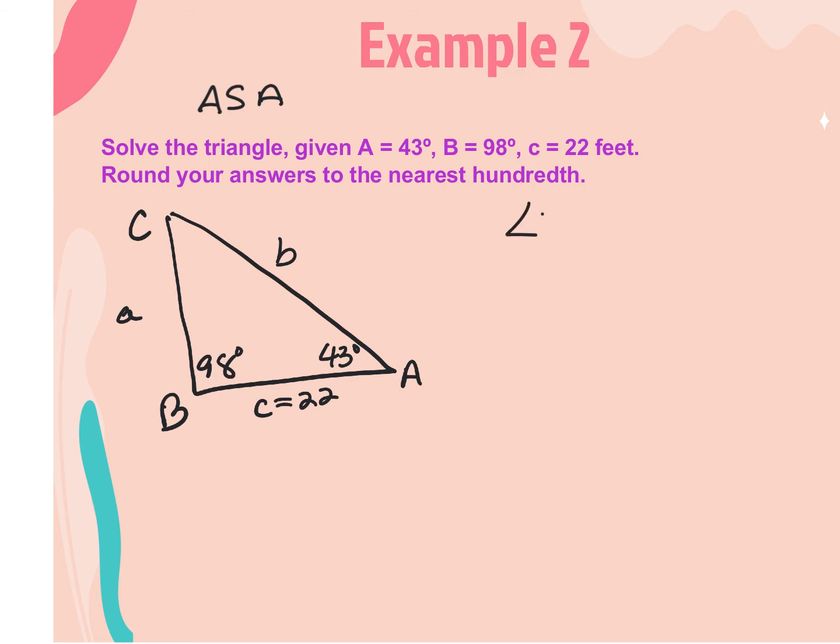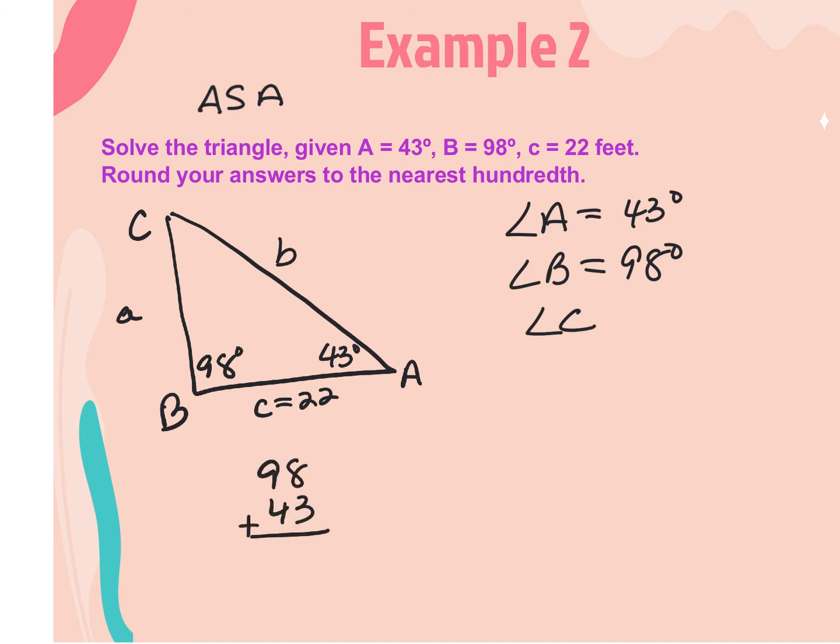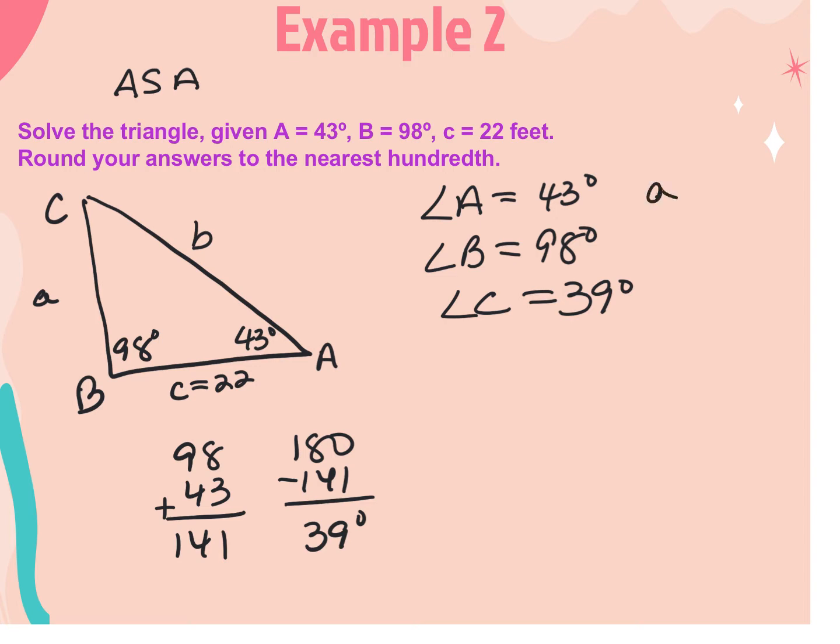Angle A is given to me, angle B is given to me, and angle C is what I'm solving for. 98 plus 43, once I add those, I get 141. Subtract that from 180, and you get 39 degrees. Now, we also need to find all 3 sides. So c is 22.